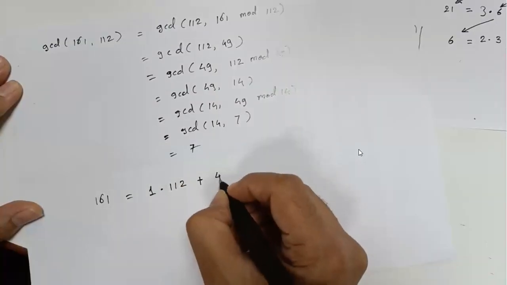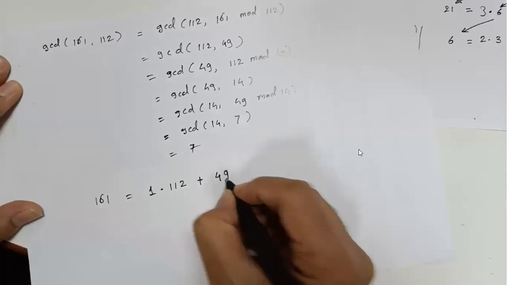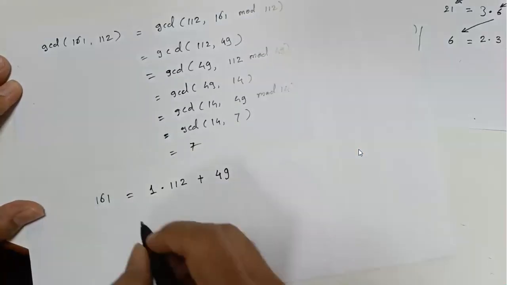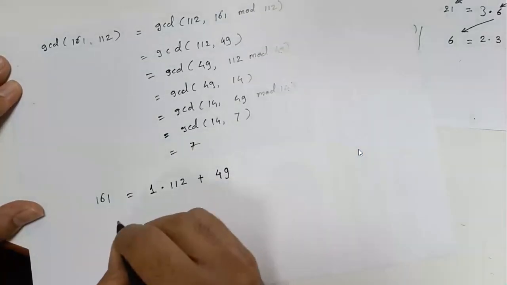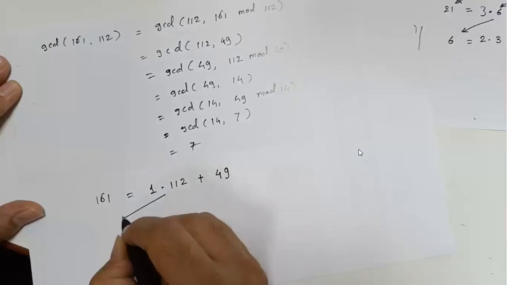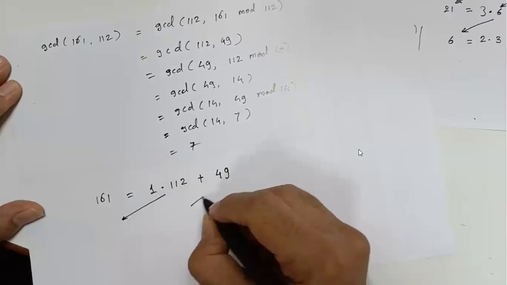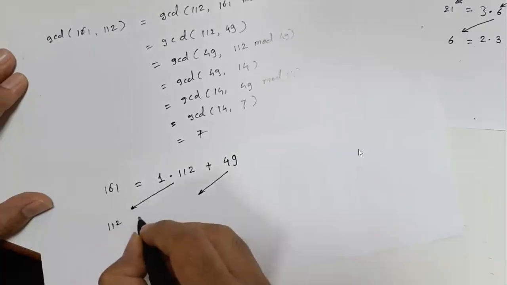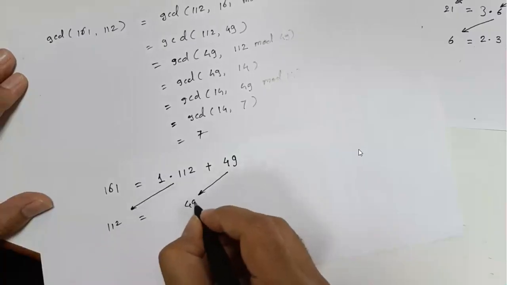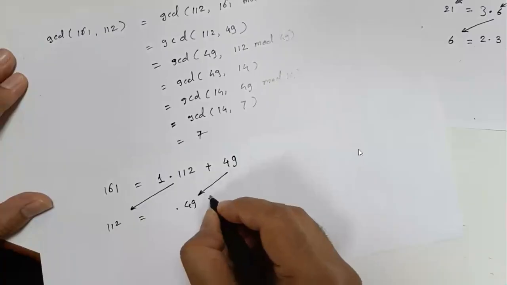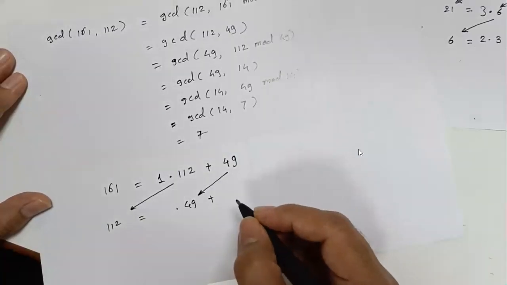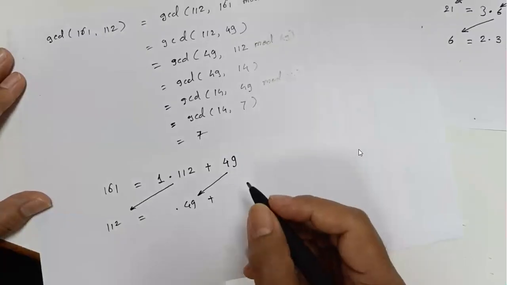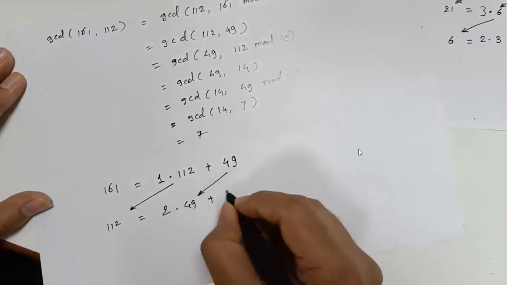It will be 49, because we have already calculated that. Next step, you take the divisor here and remainder here. So 112 equal to 49. What will be the quotient? So 2 and 14.